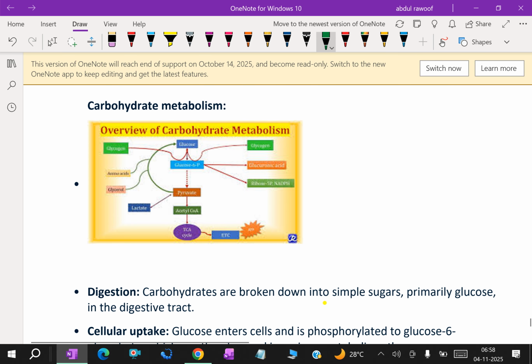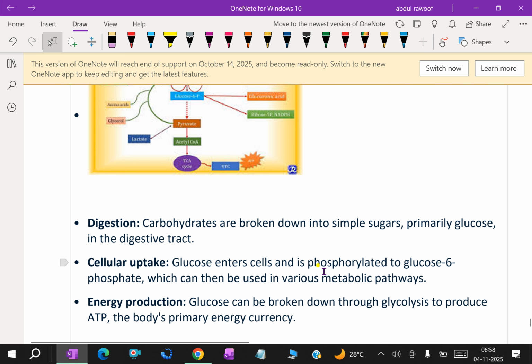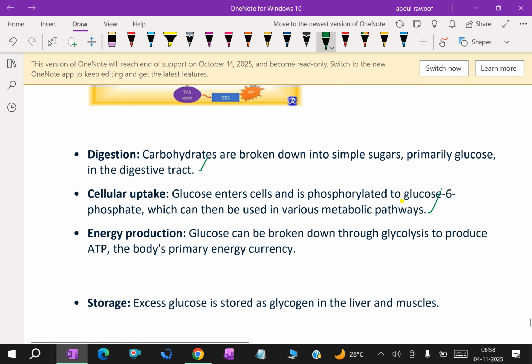What is carbohydrate metabolism? Look at this. This is a pathway of carbohydrate metabolism. Digestion. Carbohydrates are broken down into simple sugars, primarily glucose, in the digestive tract. Cellular uptake. Glucose enters cells and is phosphorylated to glucose 6 phosphate, which can then be used in various metabolic pathways. Energy production.